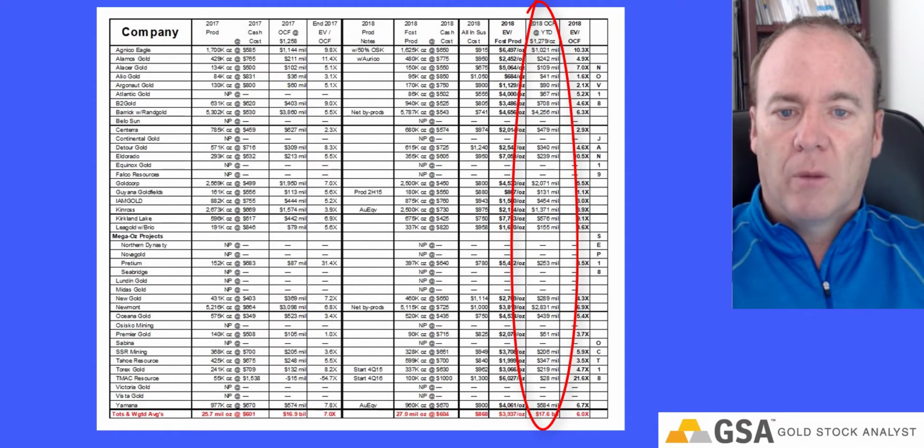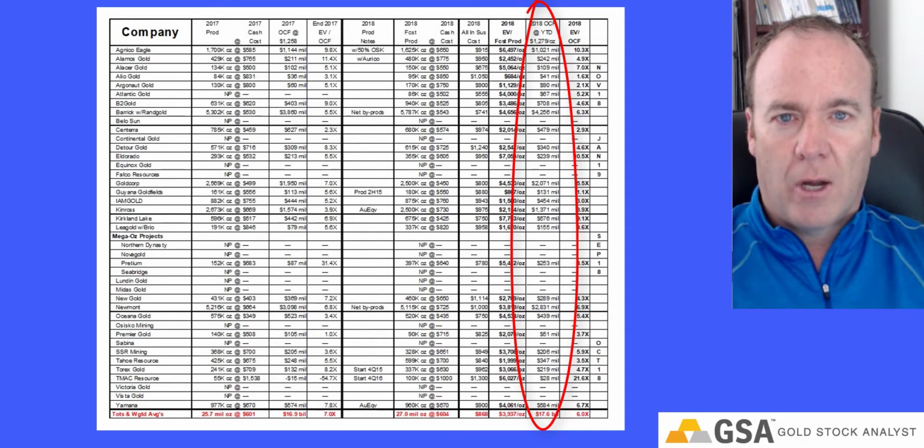You can compare that to the HUI index, because stocks are a measure of future discounted free cash flow. So the operating cash flow margin is a basic measure to get you close to that free cash flow.